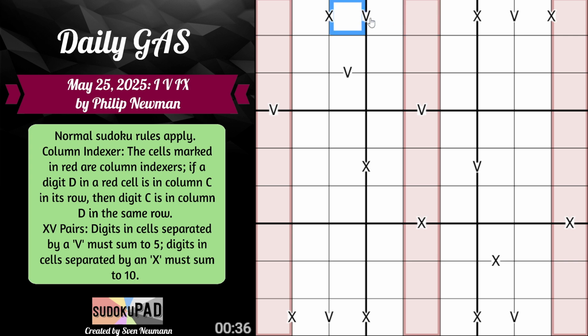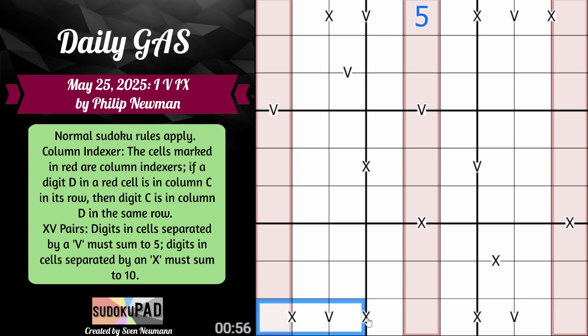And we can put 1 here because the V limits where the 1 goes. Two V's means that this is the set 1, 4, 2, 3 in some order. So in this case, 5 will simply index to itself.